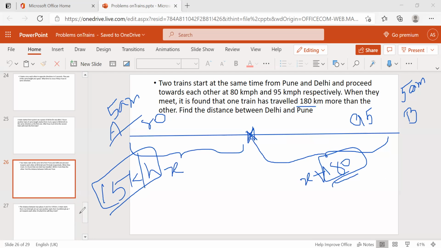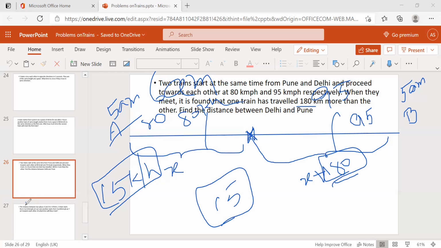Because see, both started at 5 a.m. After 1 hour, that means 6 a.m., one reaches 80 kilometers and the other reaches 95 kilometers. That means 15 kilometers more, right? When this 15 becomes 180, then both trains will meet.